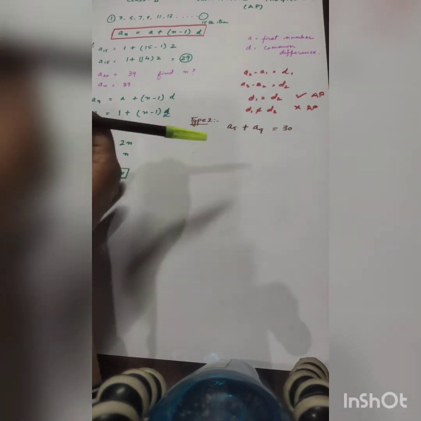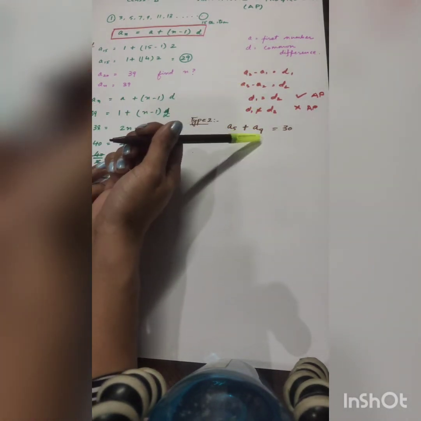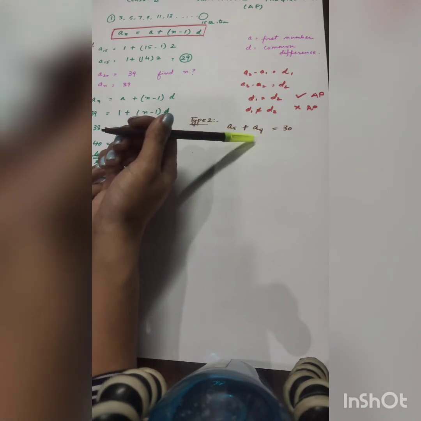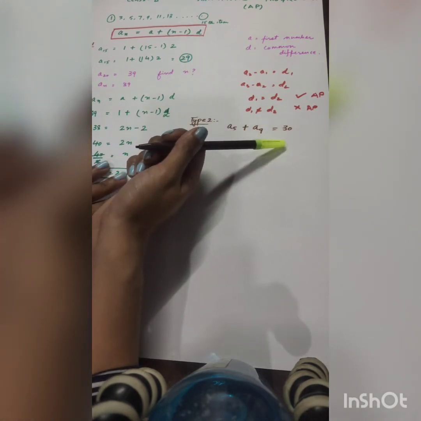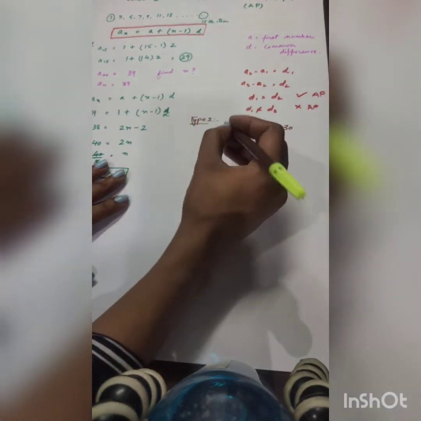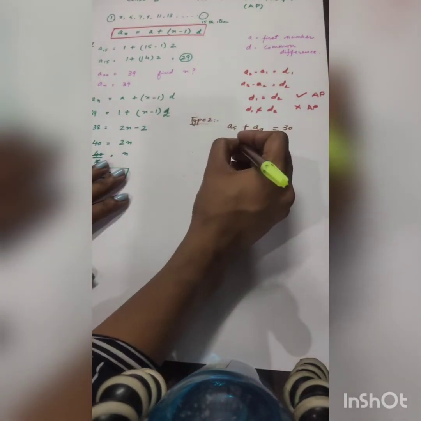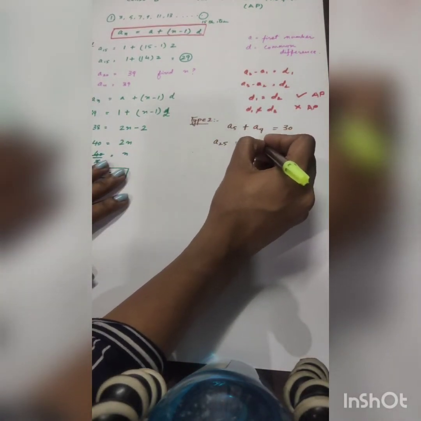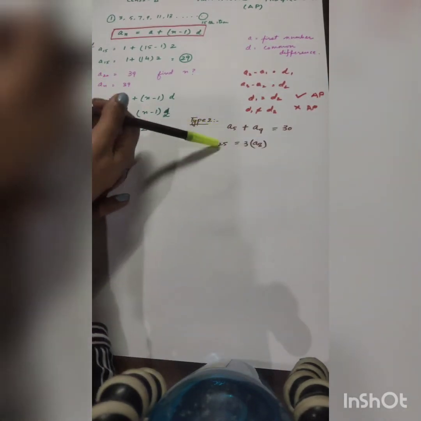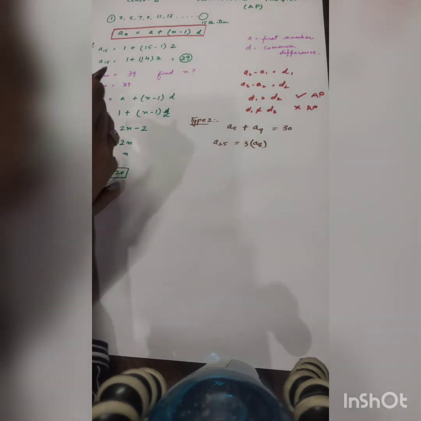I'm just taking that the sum of the fifth number in the series and the ninth number in the series, if you total them out, it gives you 30. And then it says if the 25th term, like A25, is 3 times the 8th number, that means A8, then 3 times A8 gives you the 25th term. Now you have to find out the AP as a whole.